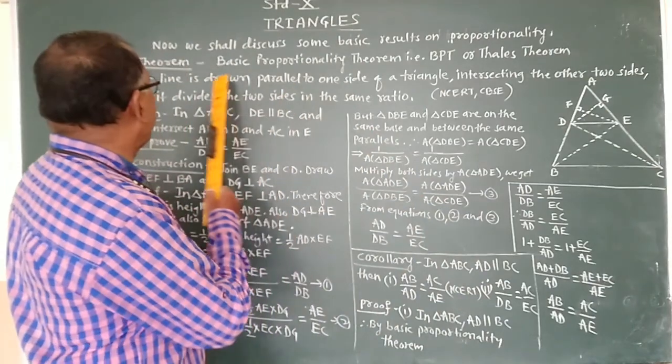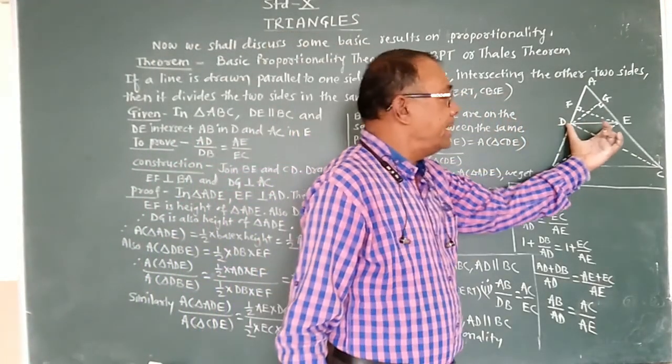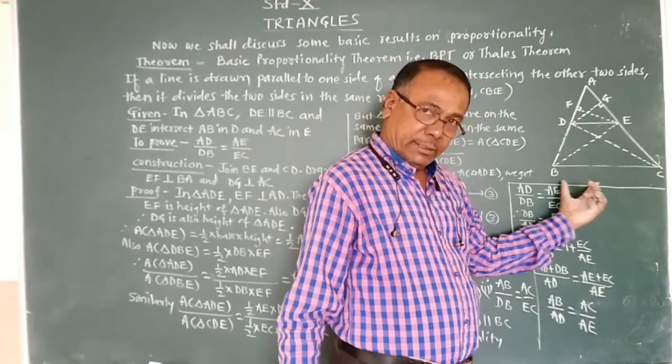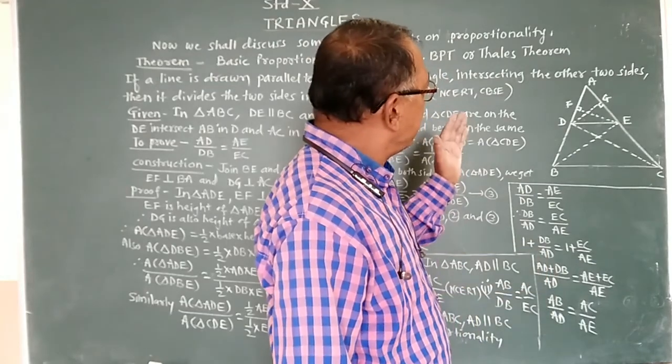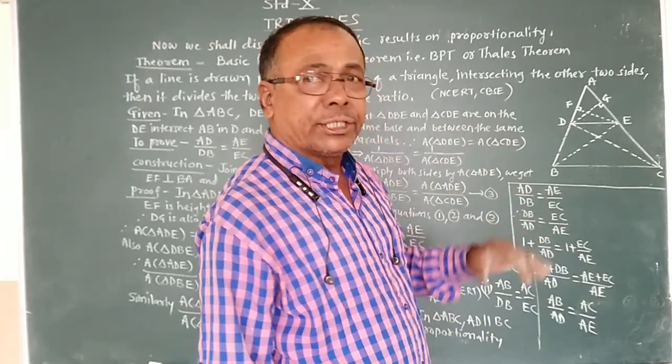So it is given that if a line is drawn parallel to one side, meaning DE is a line drawn parallel to one side BC, and intersects the other two sides in two distinct points.